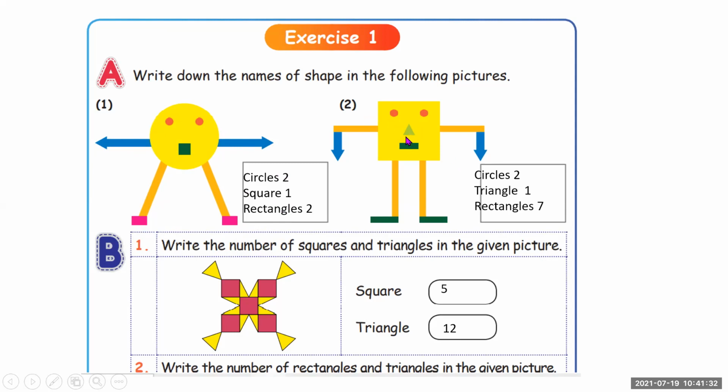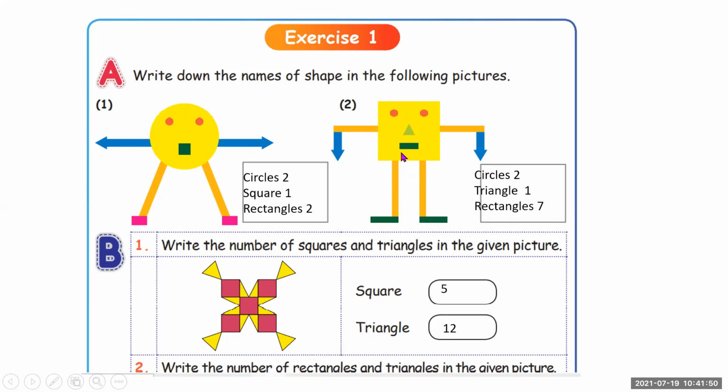Now look at this second picture. How many circles are there? 1 and 2. Then you have a circle for, is it a circle? This one? No, it is a triangle. So a triangle for the nose.